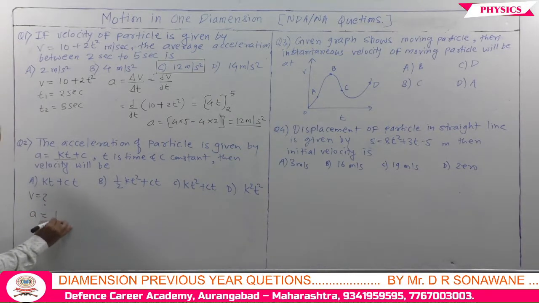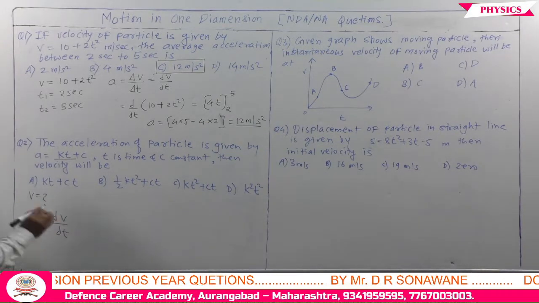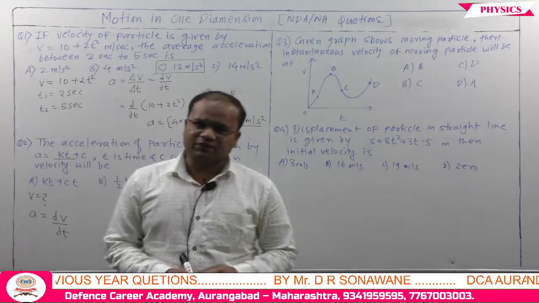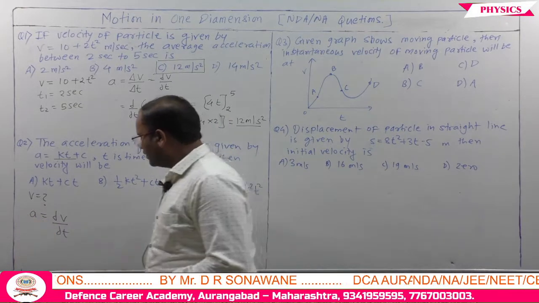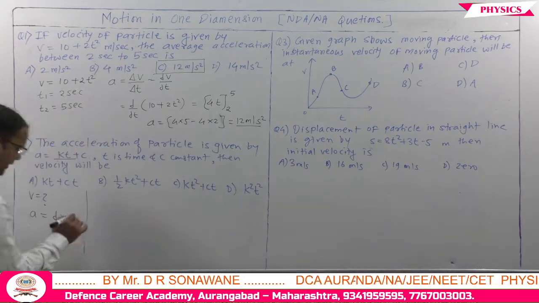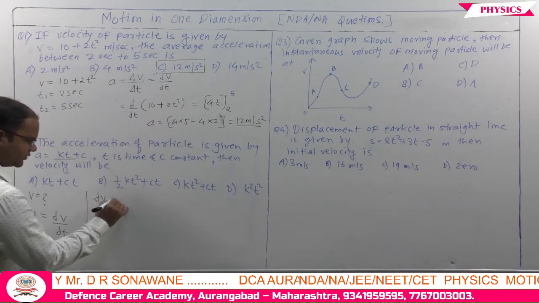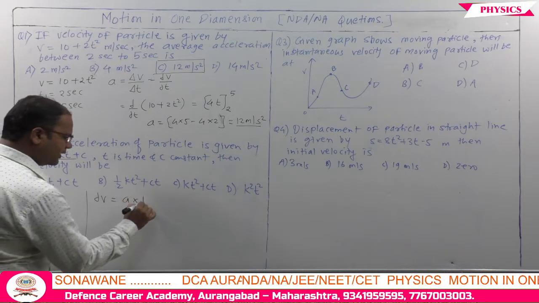We know that acceleration is dv by dt. Rate of change of velocity is nothing but the acceleration. If we take this dt on this side, we will write here dv becomes a into dt.